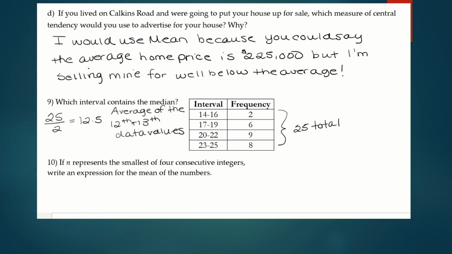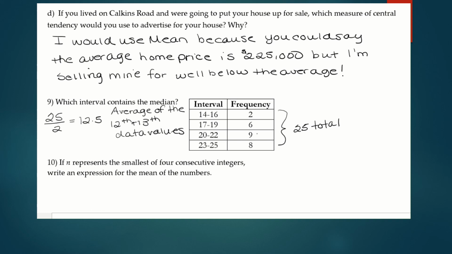Now, going in order, where do the 12th and 13th data values lie? In what intervals do they lie? Well, following my frequency in order, 2 plus 6 gives me 8 pieces of data that fall between 14 to 16 and 17 to 19. So 8 plus 9 gives me 17.